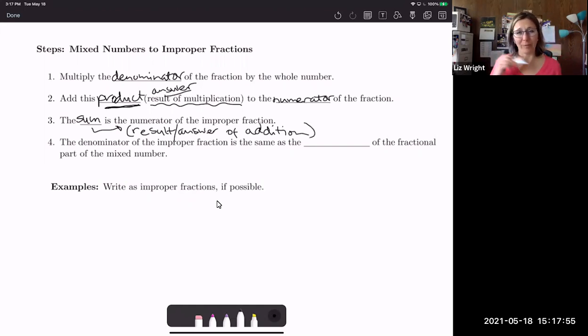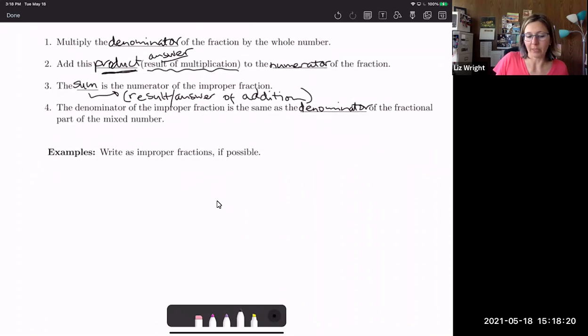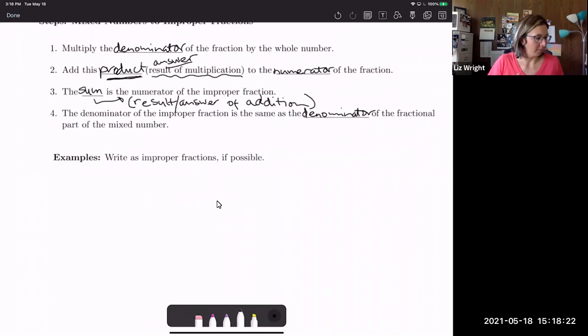I actually think for me, it's a little bit easier to go this way, to go from a mixed number into an improper fraction. Then it says the denominator of the improper fraction is the same as the denominator of the fractional part of the mixed number. So examples we're going to write as improper fractions if possible.